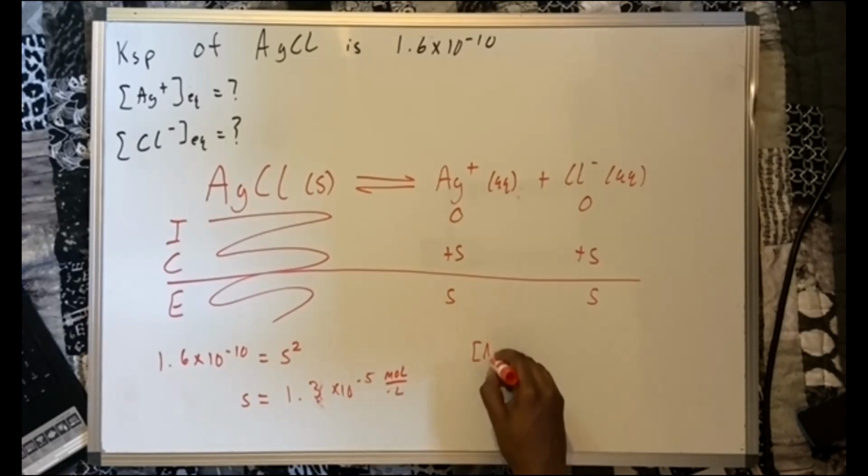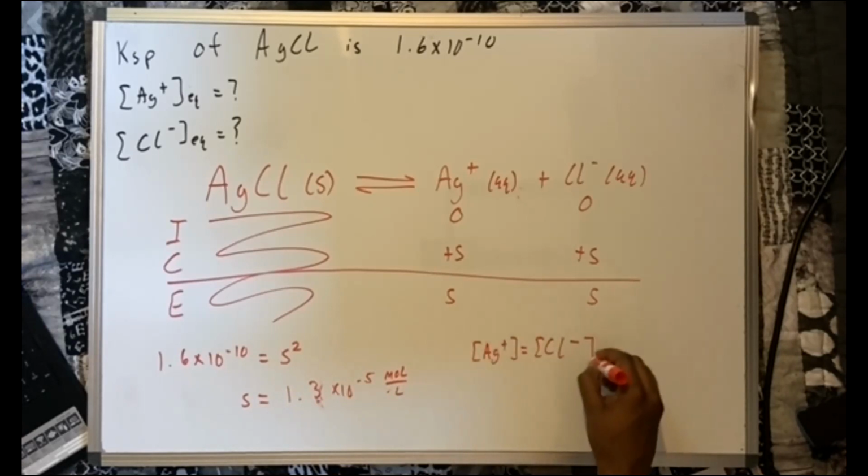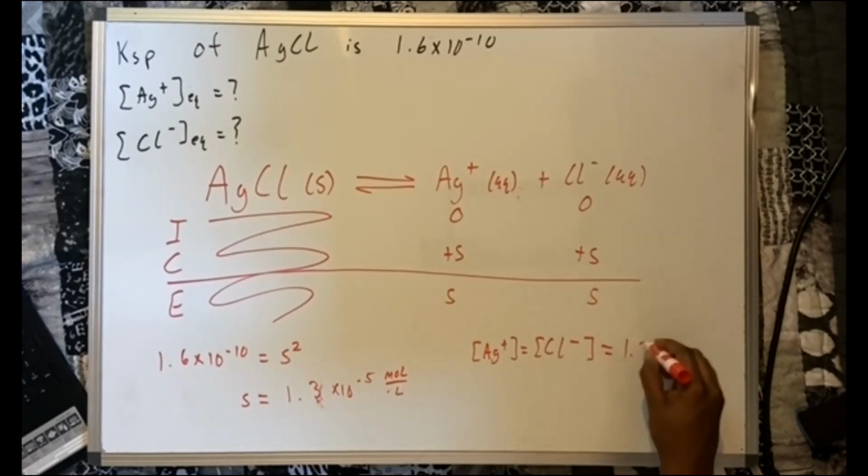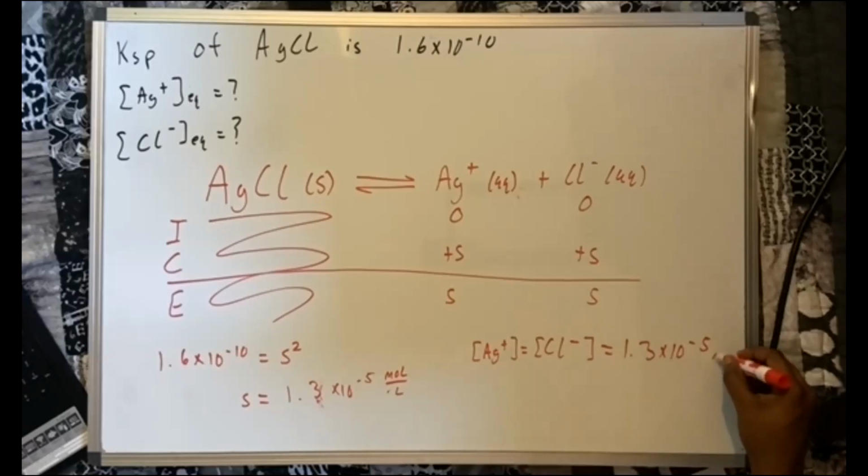So both of our concentrations at equilibrium are 1.3 times 10 to the negative 5th molar.